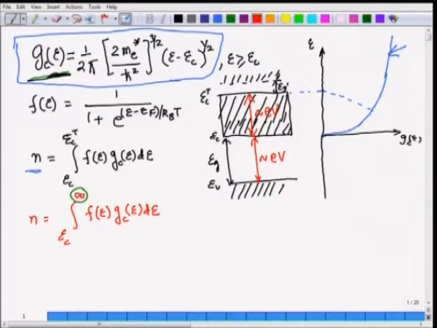What we will see is that as we go above EC, while this function Gc continues to increase as a square root of E, this product will go to 0 beyond some value of E. As you increase E, this product will very quickly go to 0, because this function Fe is going to go to 0 as energy increases.